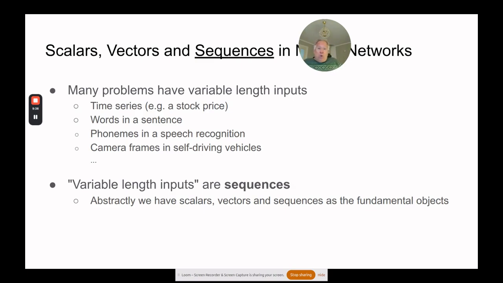So that's a mapping from vectors to scalars. Then we might have a mapping from vectors to vectors. For example, in deep learning, mapping from the input layer to hidden layer 1, to hidden layer 2, to hidden layer 3 are all vector to vector mappings.